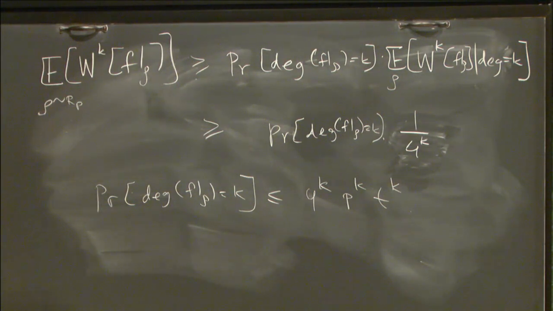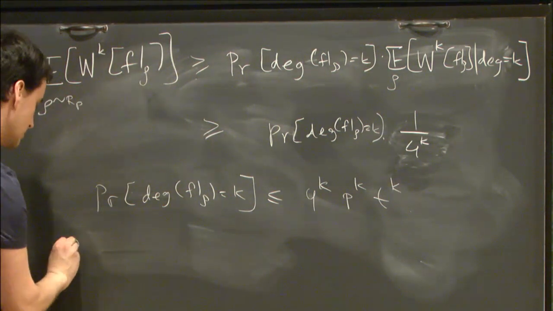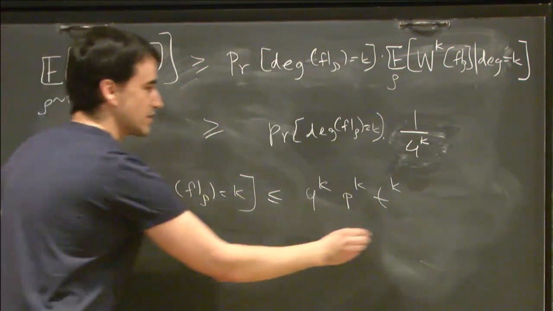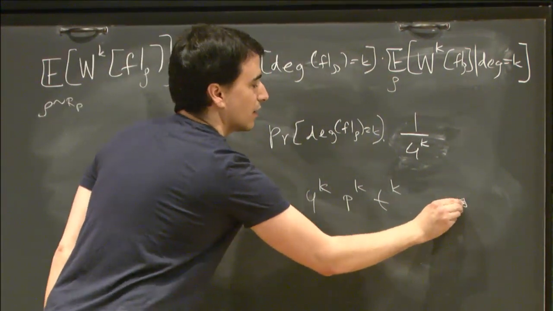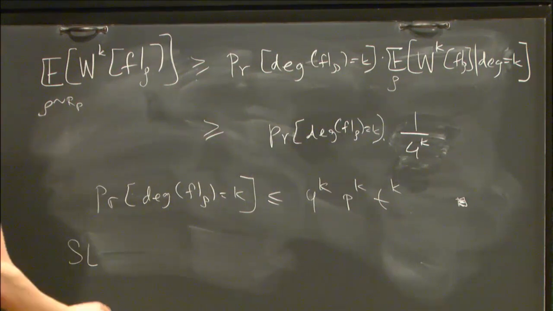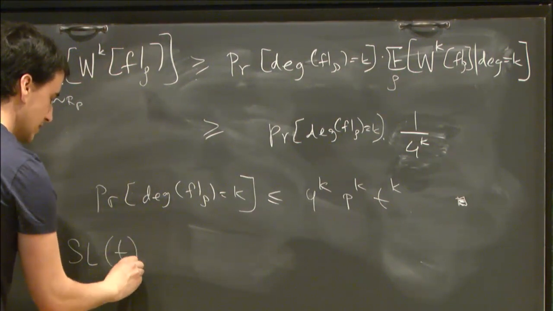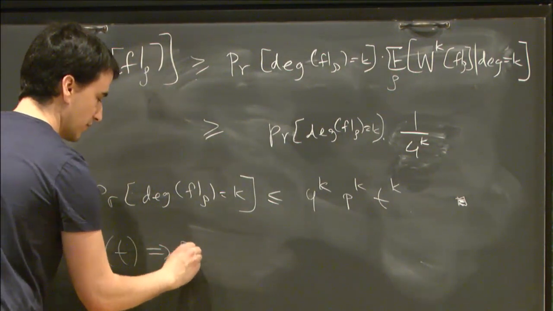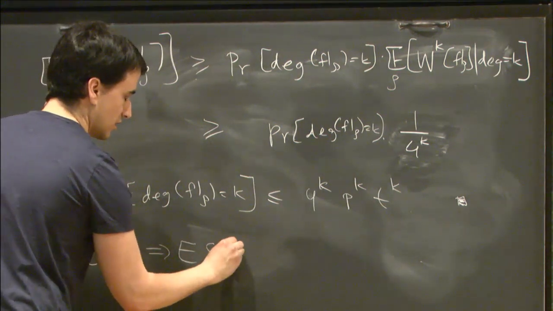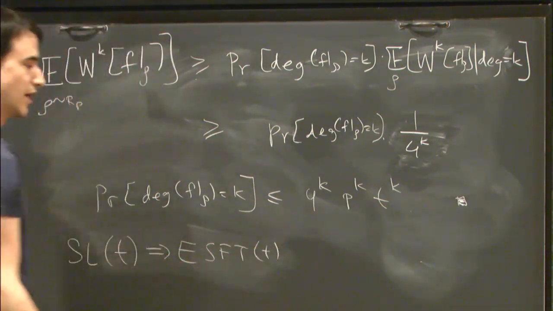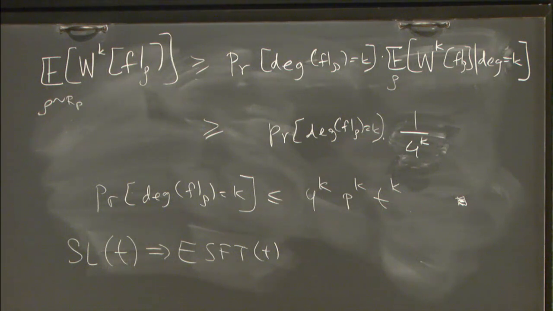So this finishes this derivation. I want to mention that also from the switching lemma you can deduce exponentially small Fourier tails. This is also simple. This was done by Linial, Mansour and Nisan.